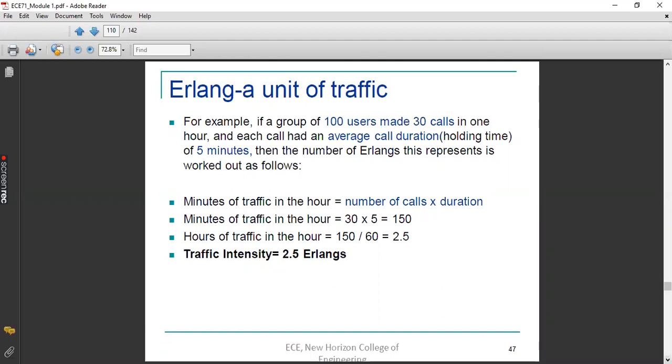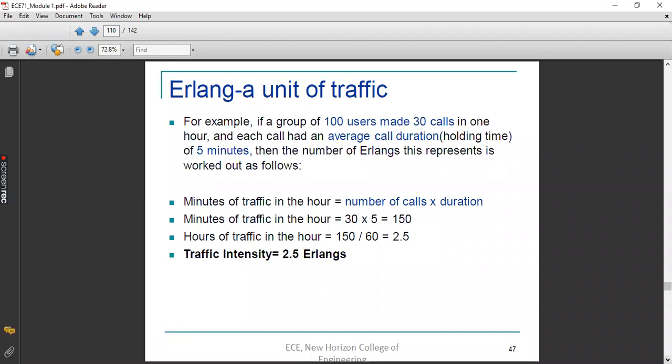But here I have taken all the 30 calls into consideration simultaneously. So 30 into 5 becomes 150 minutes. Out of 1 hour, 150 minutes is occupied. So 150 divided by 60, where 1 hour means 60, is 2.5. So the traffic intensity is 2.5 Erlang.